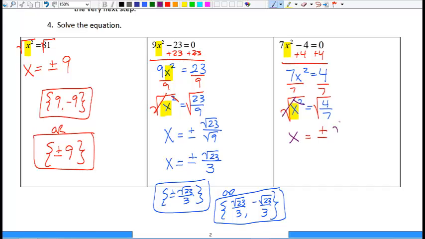And then we have the square root of 4 over the square root of 7. Now the square root of 4/7, I'm going to come over here, this is 2 over the square root of 7. Now that's still a problem because you can't have the square root in the bottom, so I need to rationalize 2 over root 7.